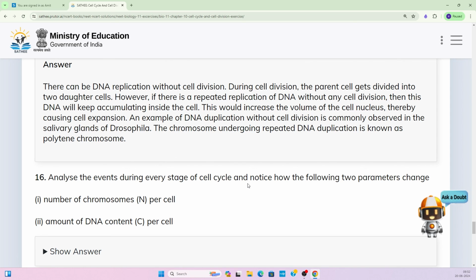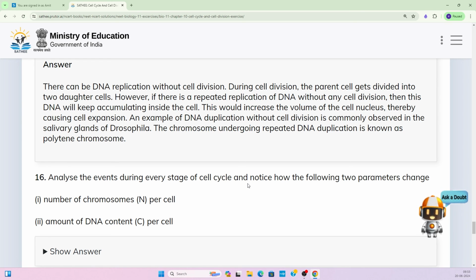However, if there is repeated replication of DNA without any cell division, then this DNA will keep accumulating inside the cell. Every time the cell undergoes replication, but it doesn't go for the cytokinesis process. No cell division takes place. Only the DNA duplication is taking place, right?